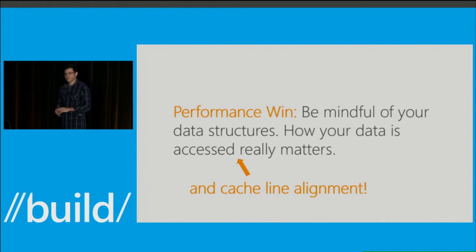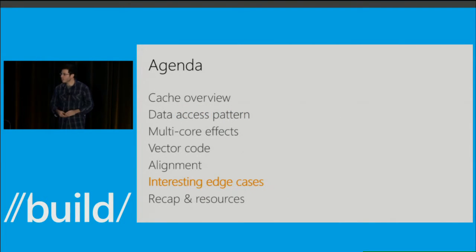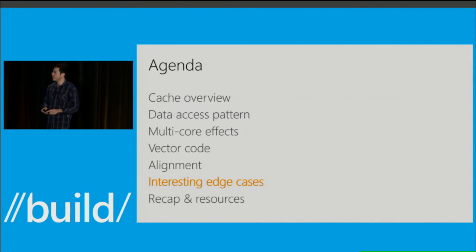Question? Are there any tools that can help us tell when we're unaligned or when we're not accessing the cache at the right density? So the question is, are there any tools to help us measure cache line density? There are, and we'll get to them in a little bit. There's tools for most of this stuff.